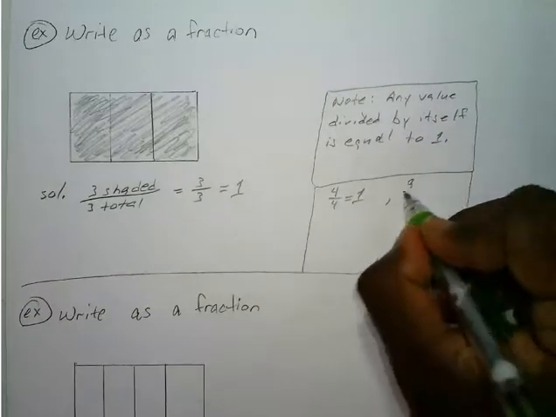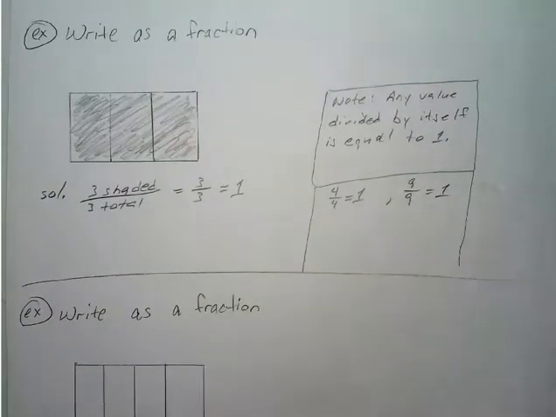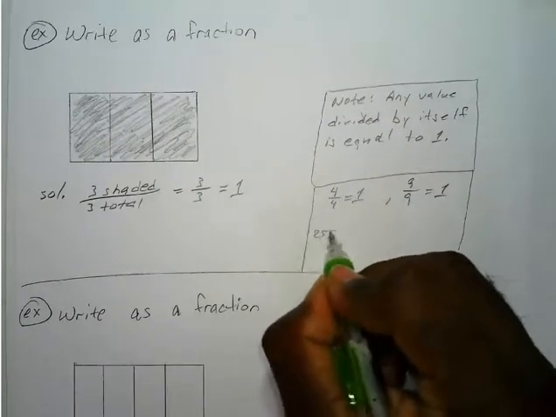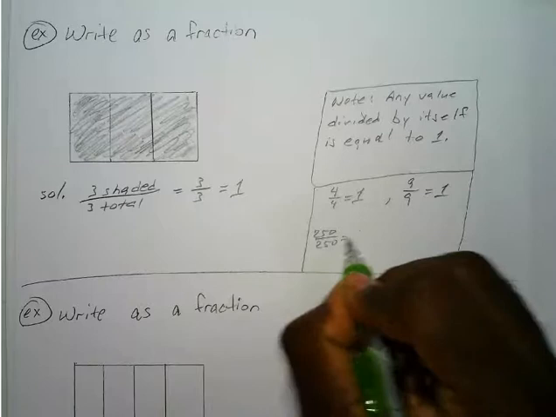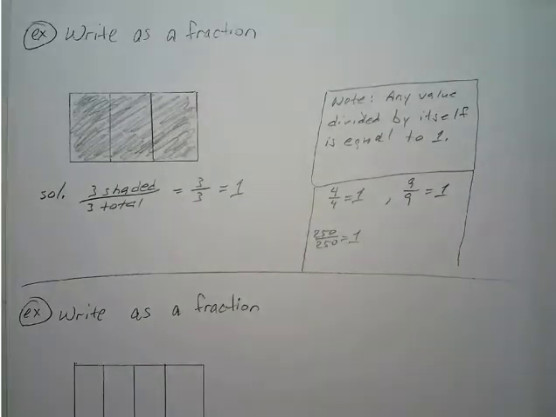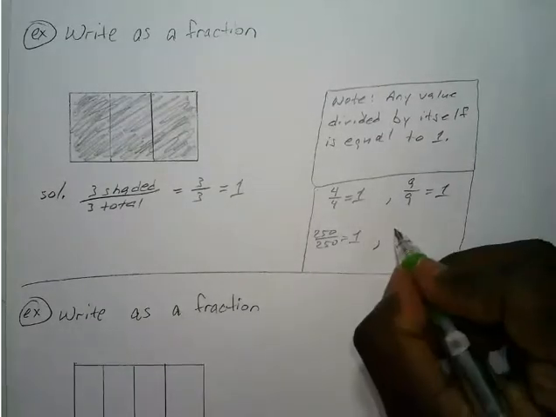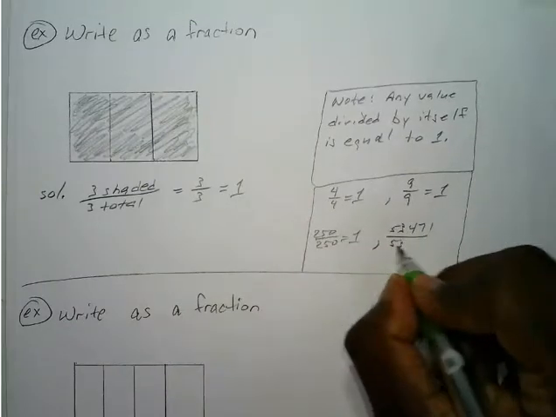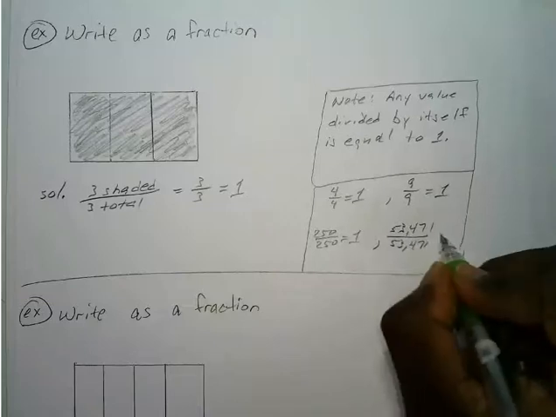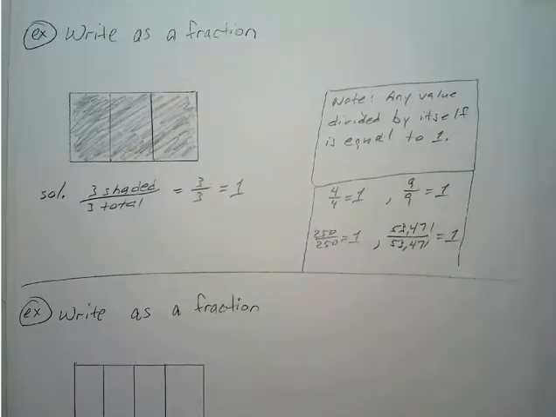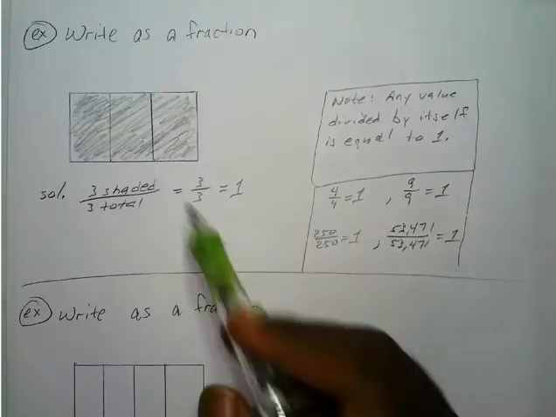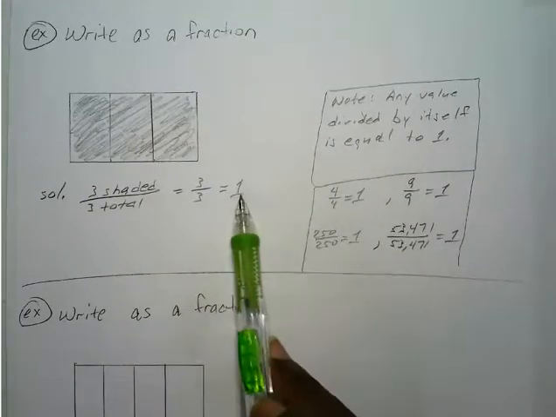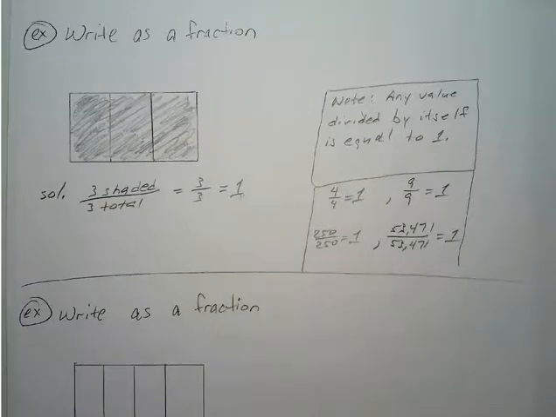You have 9 over 9, that's equal to 1. If you have 250 over 250, that's going to equal 1. And if you have 53,471 over 53,471, that's still going to equal 1. So any number divided by itself would automatically give you 1. That's going to be really important in future sections, so you want to remember that.